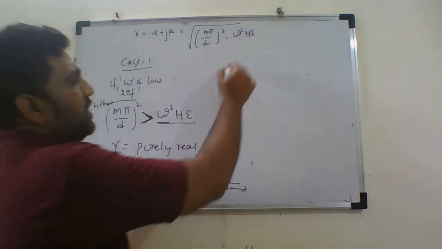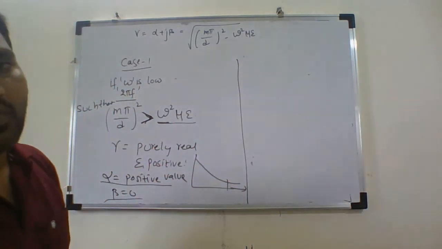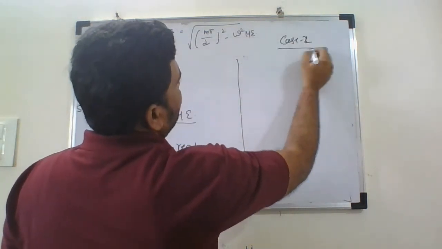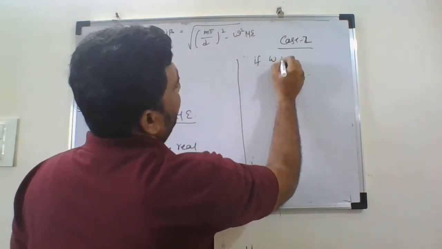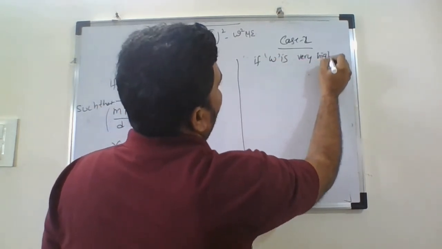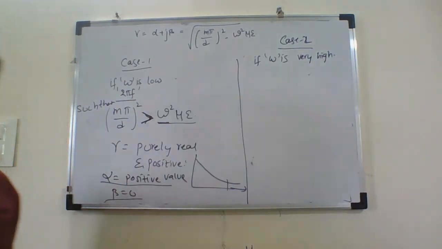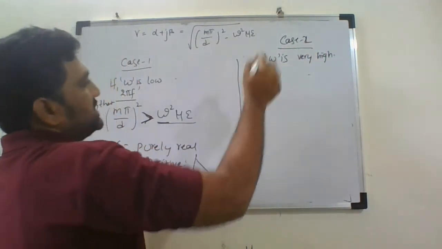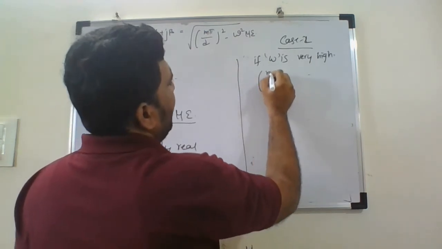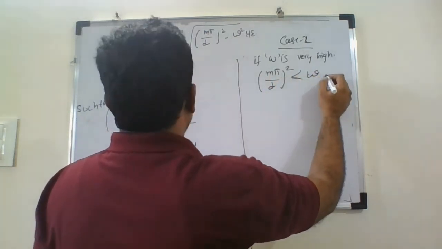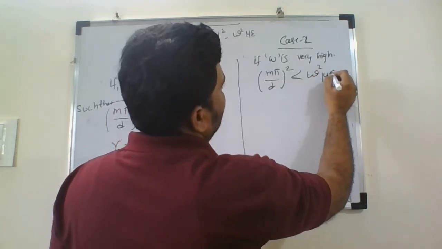Okay, now let us have case 2. Case 2 is when omega is very high. Let's say the value of frequency that you are taking is very high, such that (m pi by d) whole square is less than omega square mu epsilon.